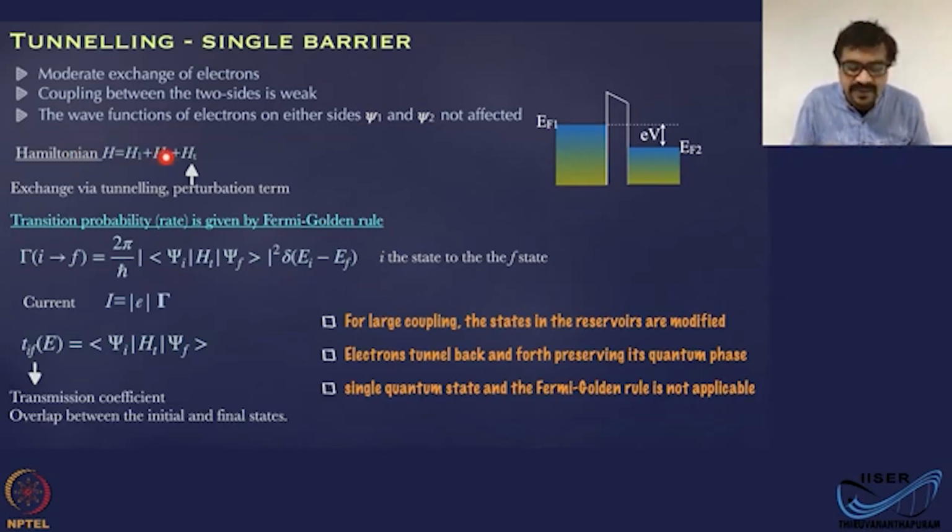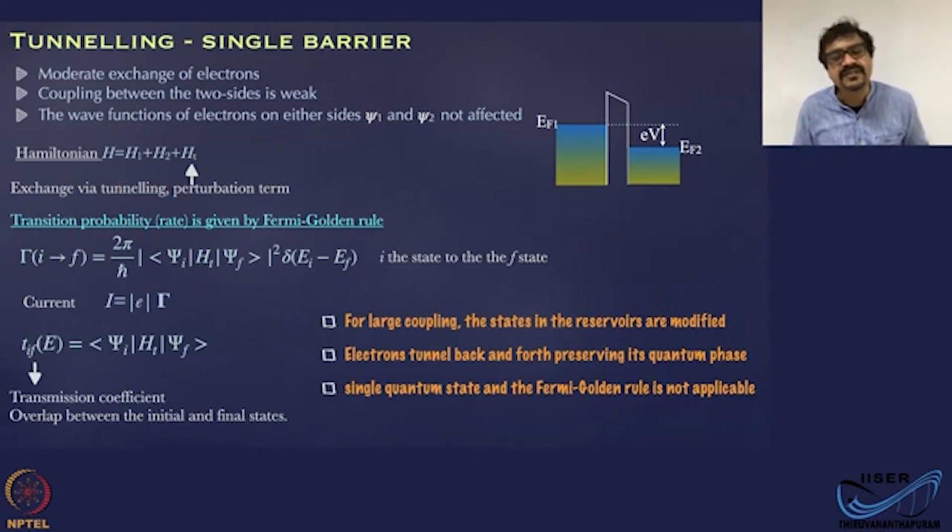The Hamiltonian in that regime is given by H1 and H2, the Hamiltonians of the states on either side, and HT is the perturbation term, or it represents the exchange by tunneling. Okay.